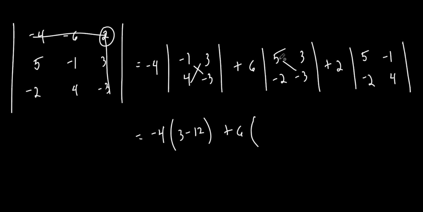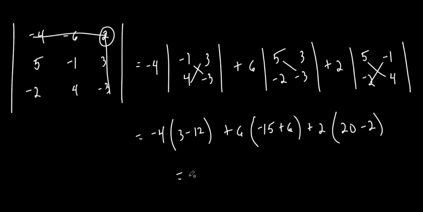This is subtraction. So I multiply that. That's negative 15 minus negative 6, which would be plus 6. Almost done. Multiply here. That's 20 minus, this is going to be a positive 2, so it's minus 2. You can do the math, and that becomes 18 once you do that.